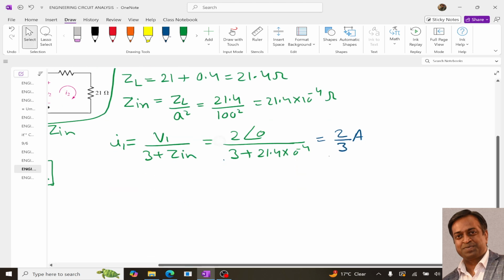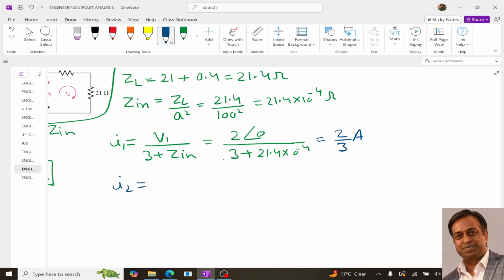Now once we get I1, we can determine I2 with the formula that I2 will be I1 upon A, because we know the formula is I2 upon I1 equals 1 by A. So I1 is 2 by 3 and A is 100.